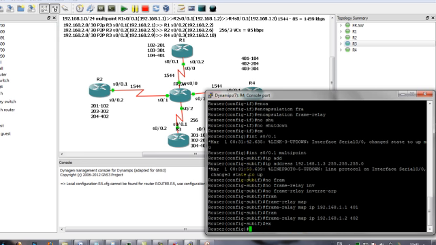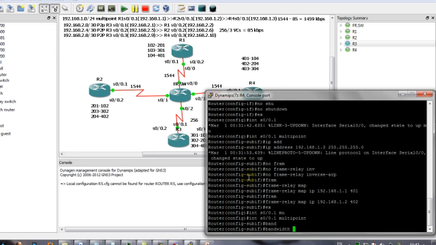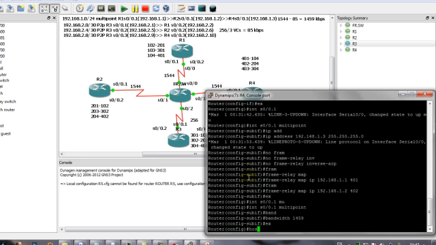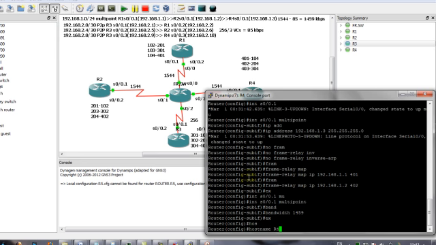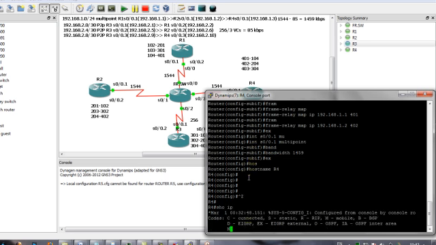Now exit, sorry, interface serial. Don't forget the bandwidth. Yes, the bandwidth will be 1459. Exit. We forgot the host name, router 4. Yes. Now show IP route.